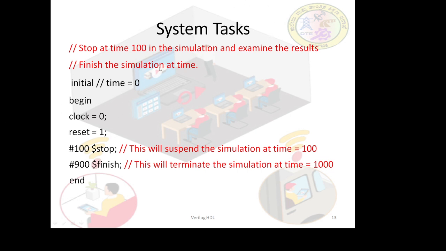And at time 1000 the simulation should terminate, that is 100 plus 900 gives you 1000 units of time. At 1000 units of time we are going to terminate by using dollar finish followed by a semicolon. So at simulation time 1000 it is going to terminate the system.